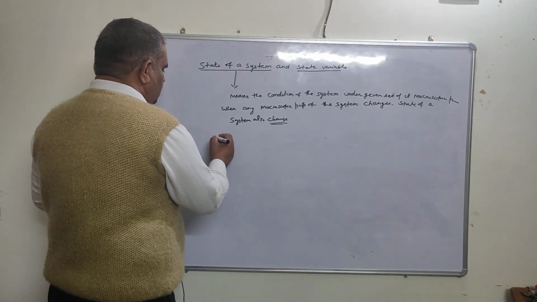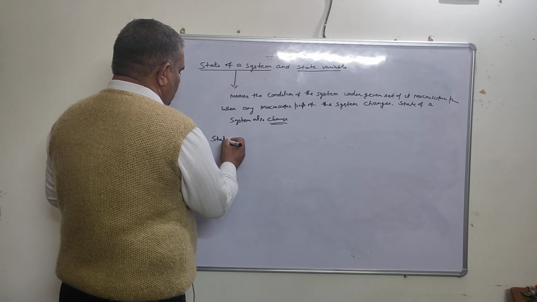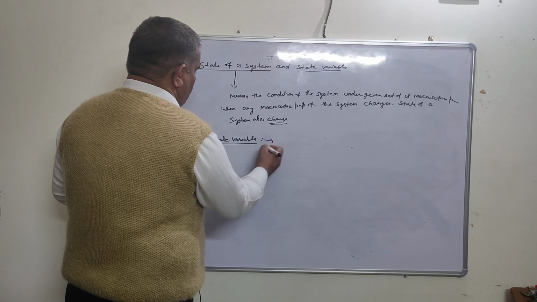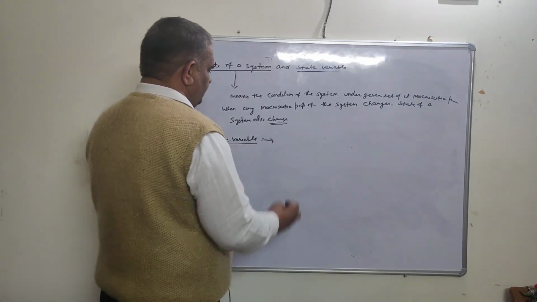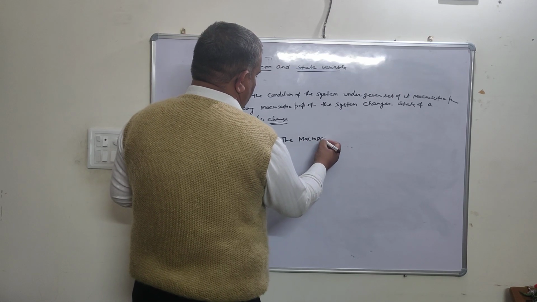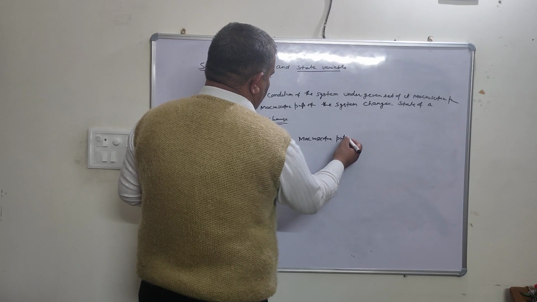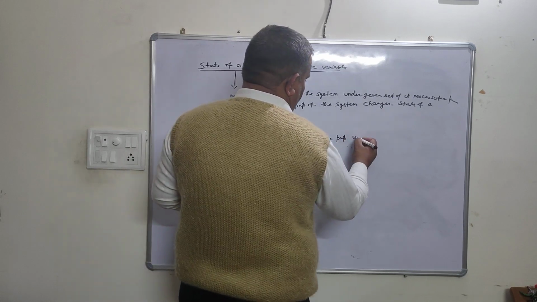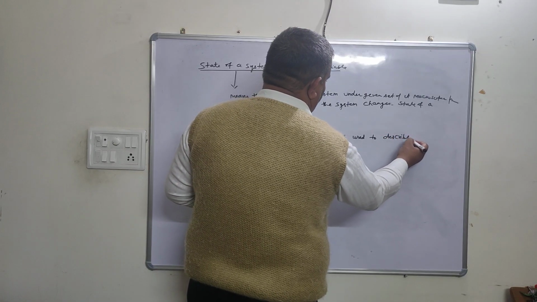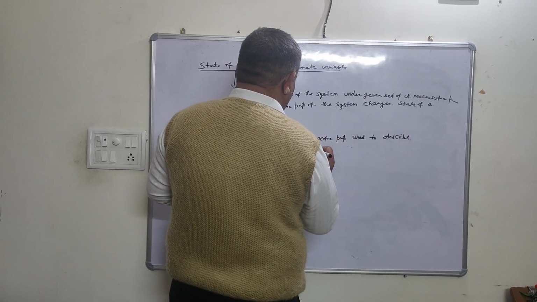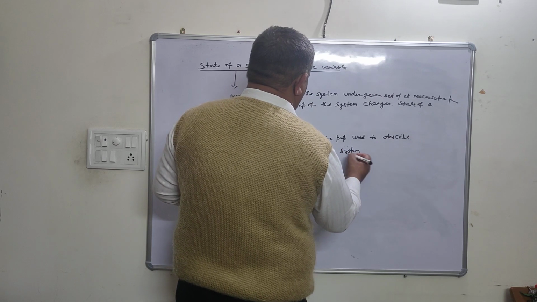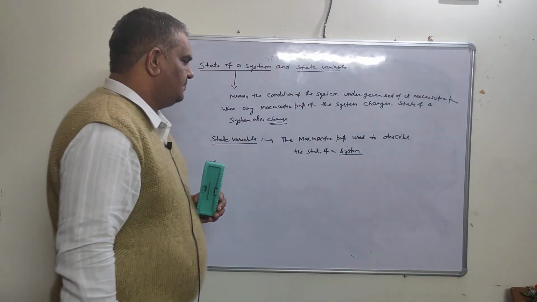Next is the meaning of state variables. The macroscopic properties used to describe the state of a system are called state variables.